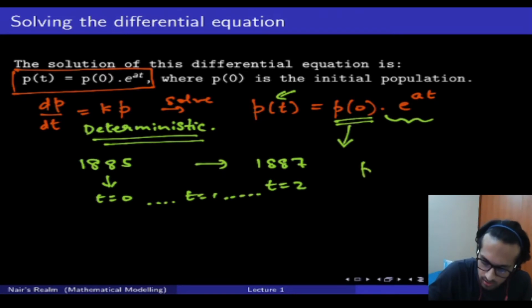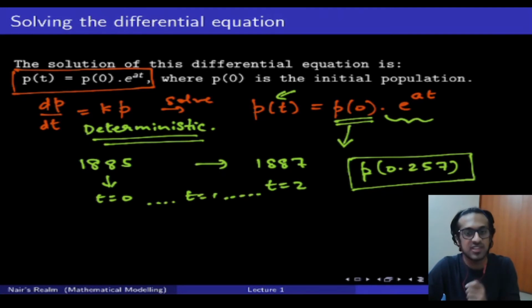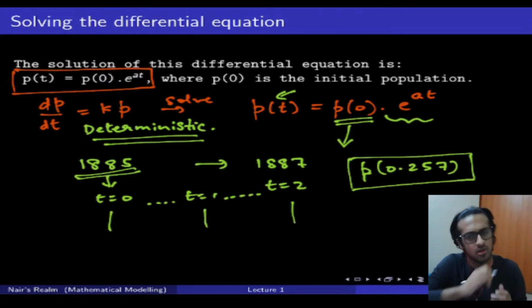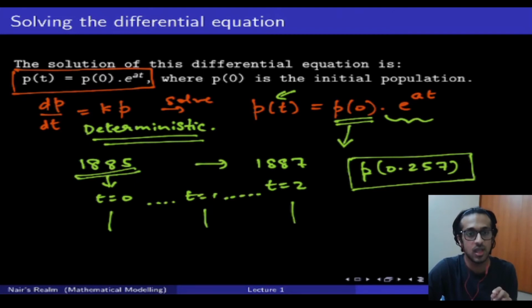If I were to calculate P of 0.257, that means 0.257 years after the start of 1855, this model can actually give you that value. So it's a continuous time model. It's not in discrete steps. It's not just t equal to 0, t equal to 1 and t equal to 2. It includes all time instances between them. So to conclude, this is a deterministic, continuous mathematical model that gives you population growth.